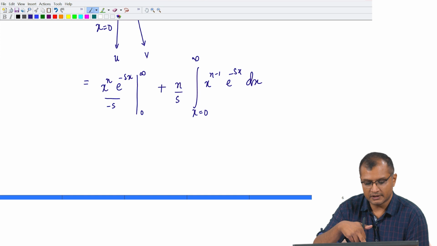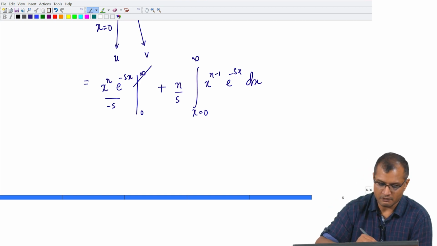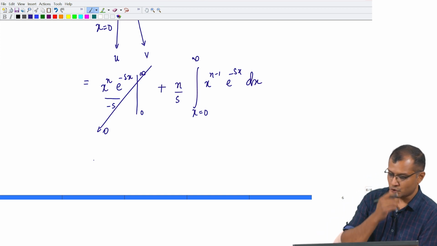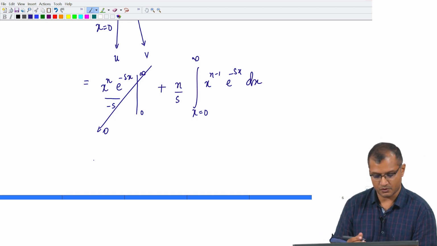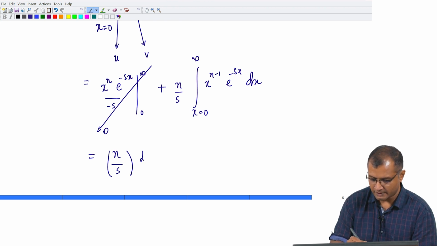And for x equals 0, which is the lower limit, the exponential becomes 1, but x raised to n becomes 0. So, this is overall 0 at both the limits. First limit you can show by L'Hopital's rule, second limit you can just show directly. But what is left over now is interesting, it is n by s multiplied by the Laplace transform of x raised to n minus 1.